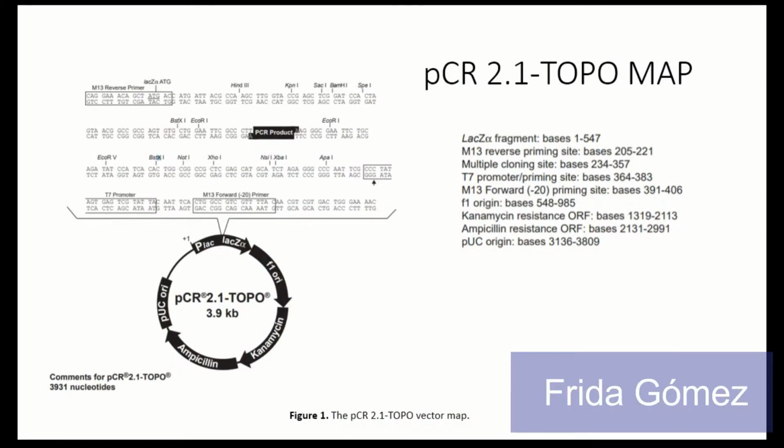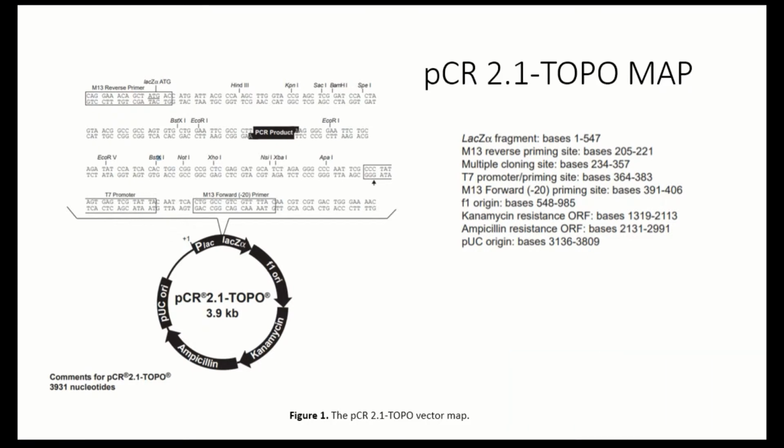The plasmid presents certain elements that have an important function for the correct development of the product ligation and subsequent cloning into a given strain. These elements are shown in this figure. The pUC origin is the bacterial origin of replication, allowing multiple copying once in the selected strain. That is shown here.